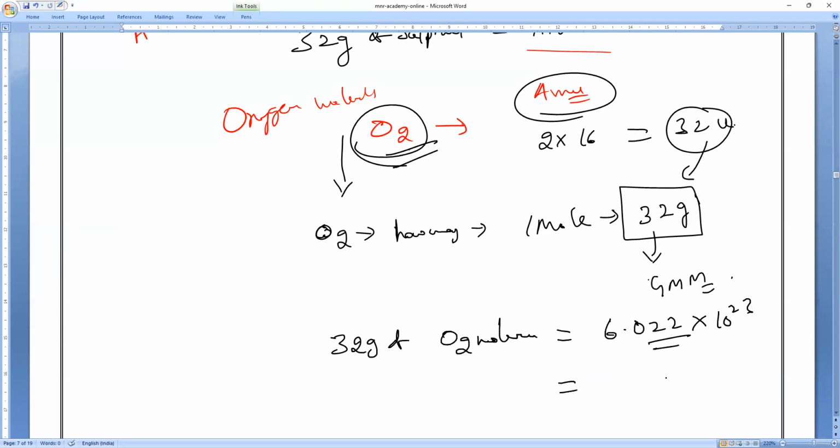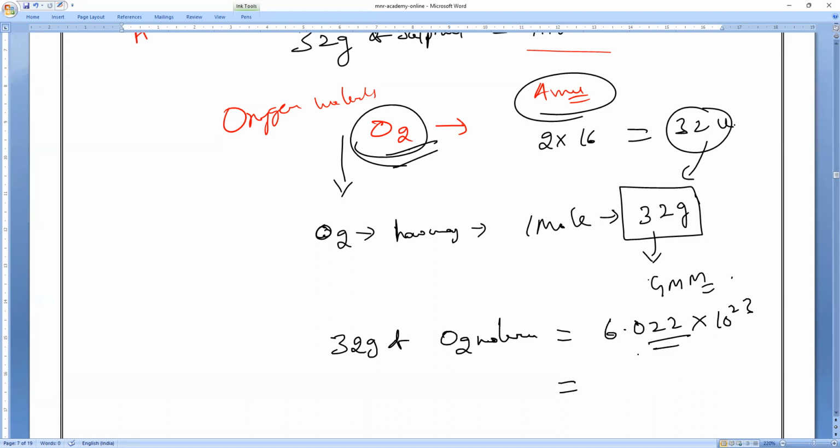If you notice, Avogadro number means any substance, either an atom or a molecule or a compound, doesn't matter. If you take the molar mass or gram molecular mass of that compound, it equals 1 mole. That is what you have to remember. I hope you are all clear.